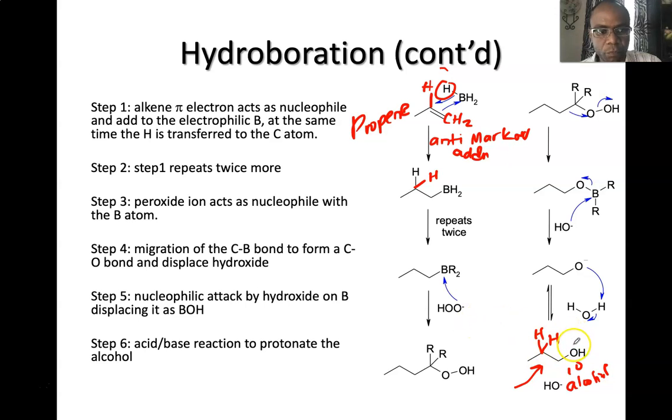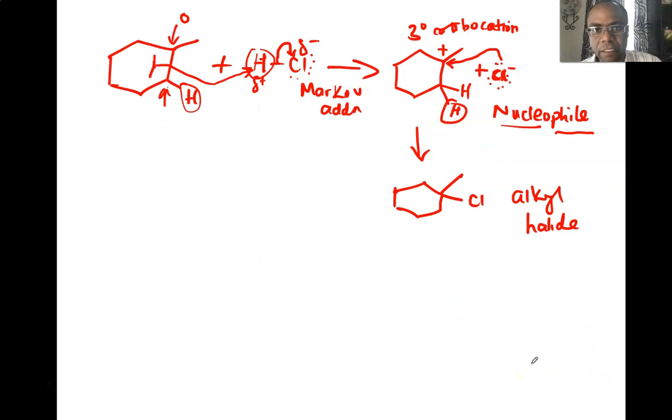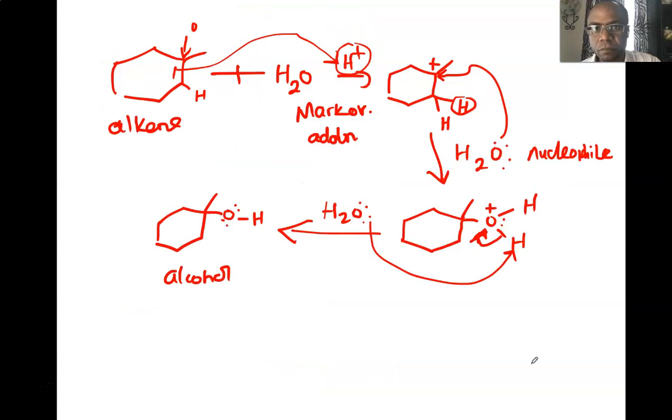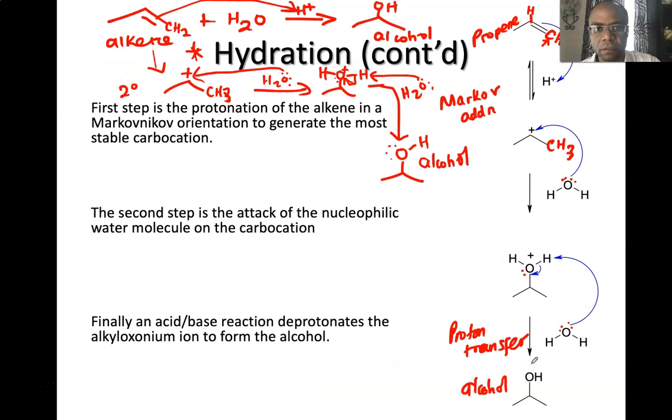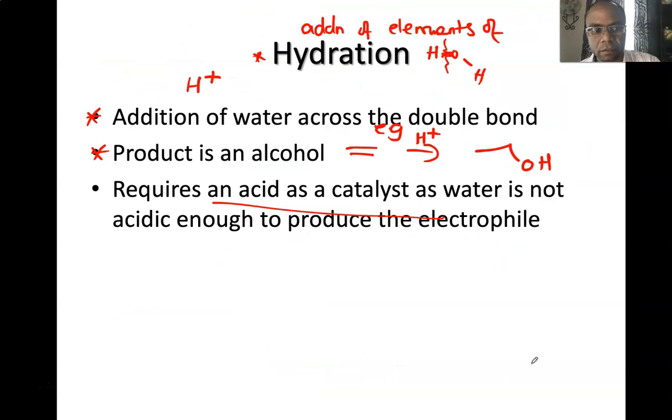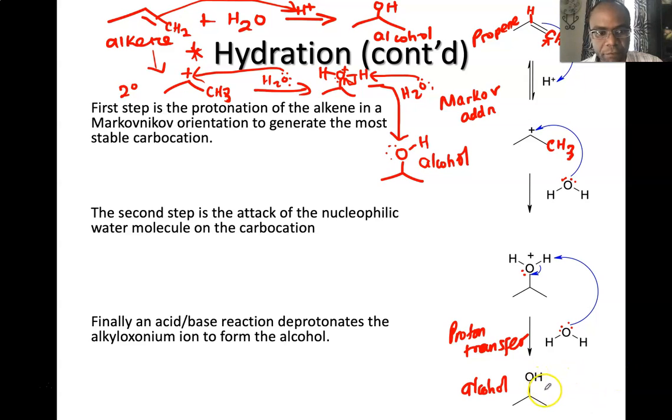So you get propanol, while in hydration here, where's the hydration? Yeah, in hydration here we got 2-propanol, because this was formed where the hydrogen was added by Markovnikov fashion.